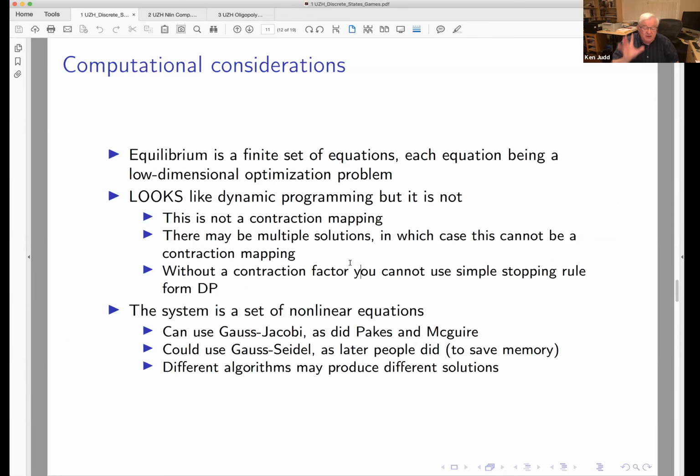Now, again, by the way, let me say this. This paper was written in the early 90s. And even though you had more RAM in the early 90s than John Rust had in the early 80s, it still was a case that RAM was a problem. So yes, this is just a set of nonlinear equations.